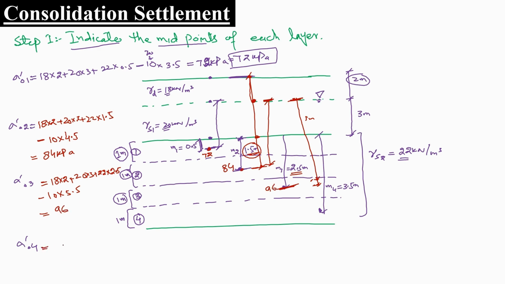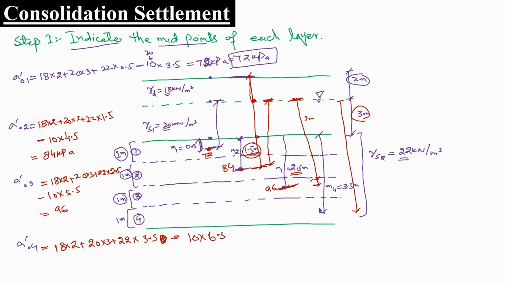And again, at fourth point, it is 18 times 2 plus 20 times 3 plus 22 times 3.5 total stress, and minus 10 into what is height of water. Height of water from this point is 3, this one, and 3.5 from this one point from clay layer.